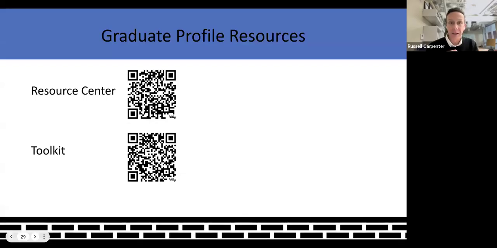The graduate profile and CPE have also designed some impressive resources. You have the Resource Center here, which you can access via the QR code along with the toolkit. These are evolving resources.